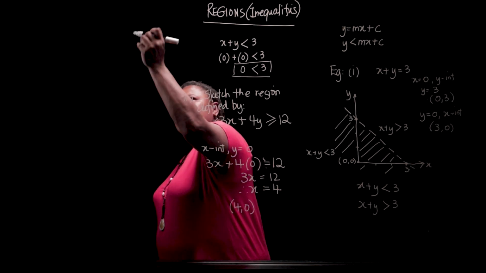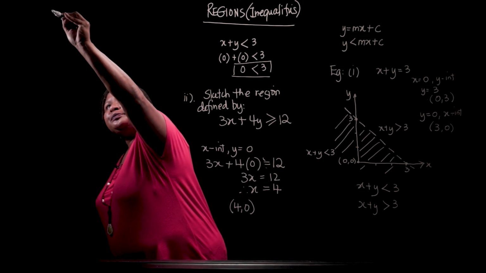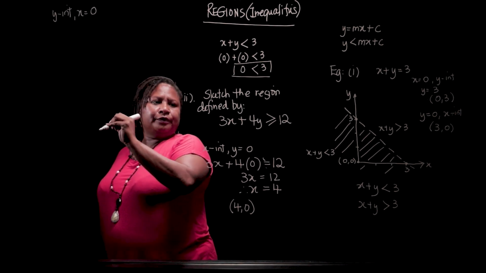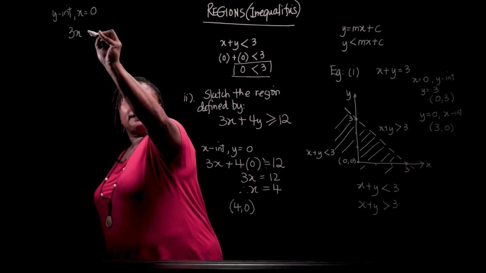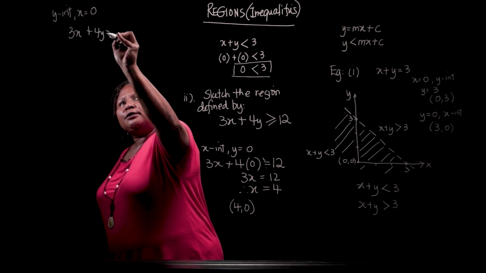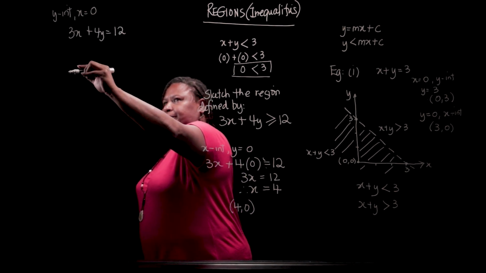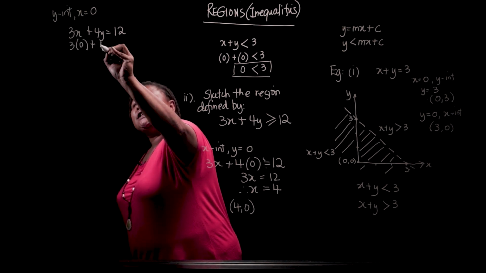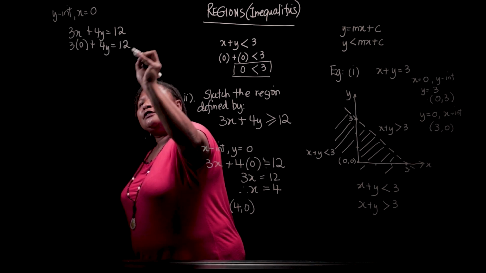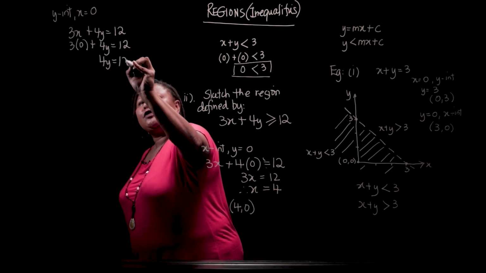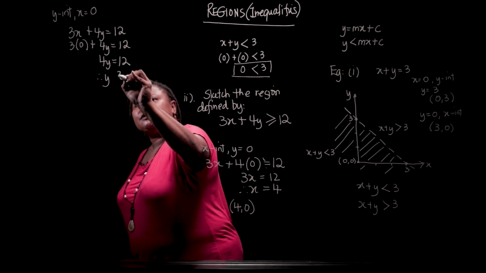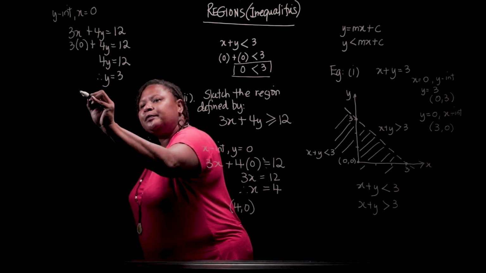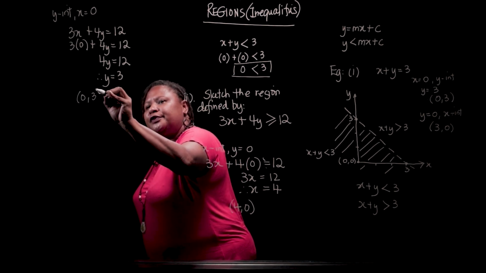And for our y-intercept, we make x equal to 0. So 3x plus 4y equal to 12, x is 0, plus 4y equal to 12. y is therefore equal to 3. So that makes our y-intercept at 0, 3.